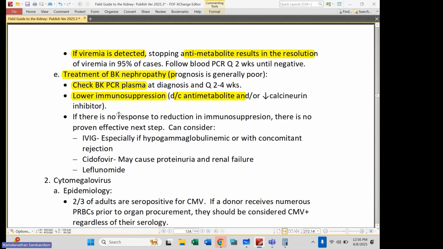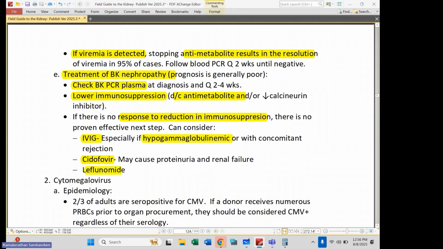And then if you're not responding to reduction in immunosuppression, we're really starting to throw Hail Marys. There's no good evidence-based intervention. IVIG is considered, especially if you have low immunoglobulin levels. Cidofovir is a nephrotoxin, but might have some antiviral effect.